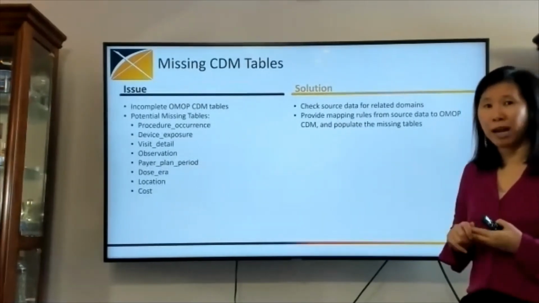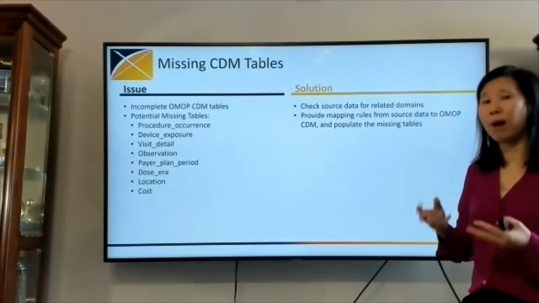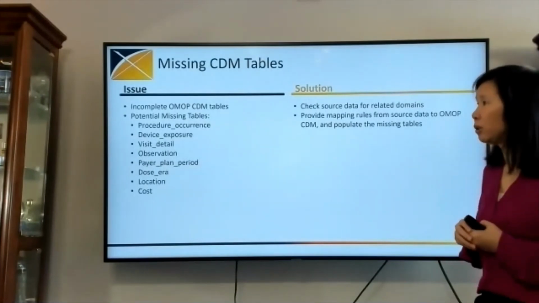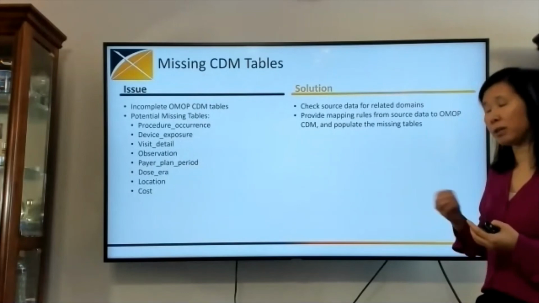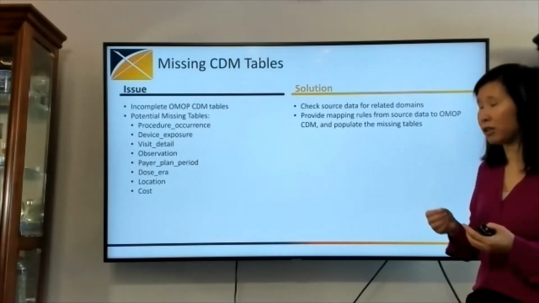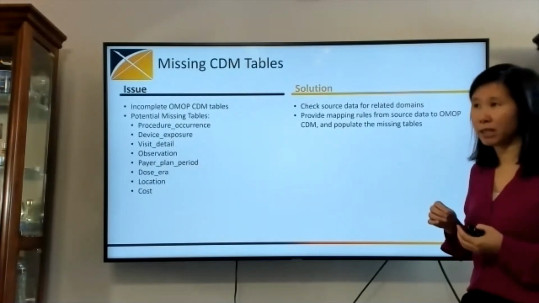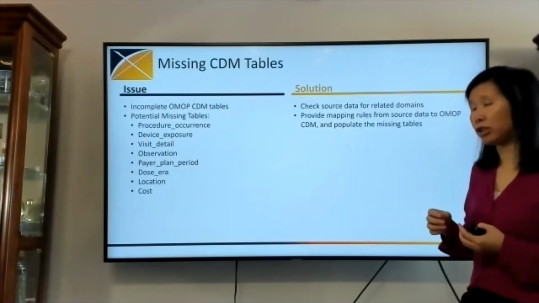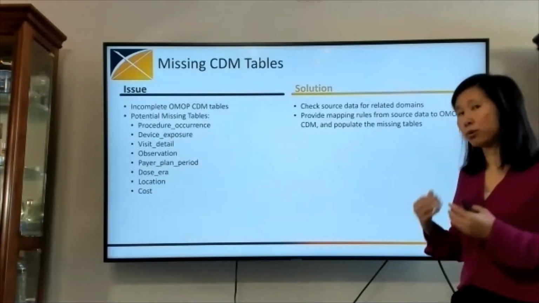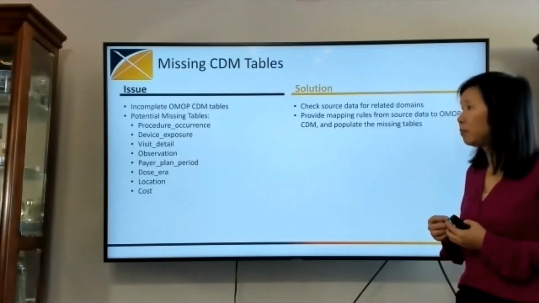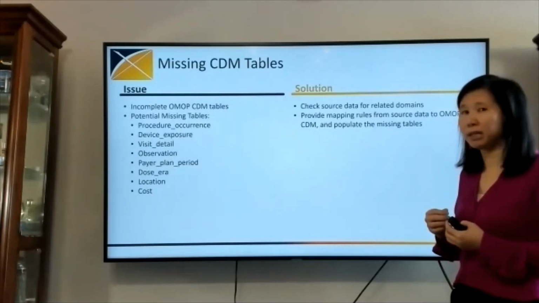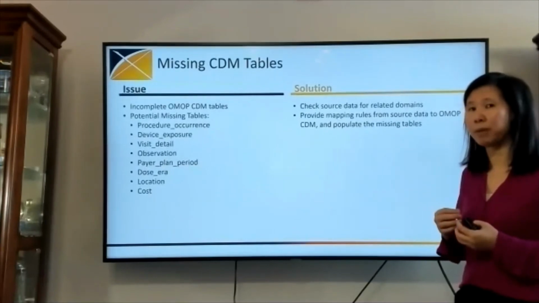Those are all derived, and those are required in the CDM. Some of the logic, like for the era tables, is actually out on the GitHub repository. And for the observation period and the visit occurrence table, that logic is derived from the source of the data that you have.